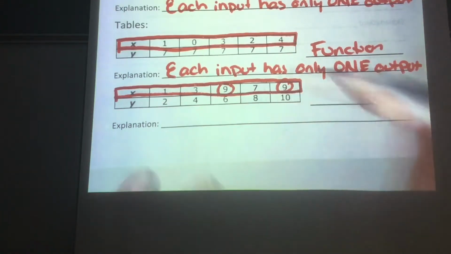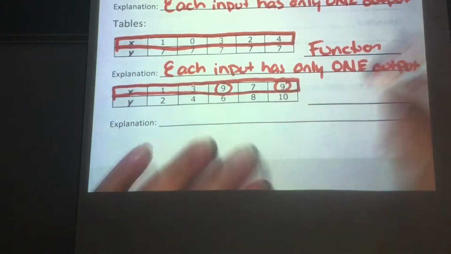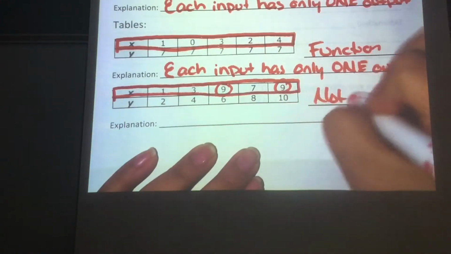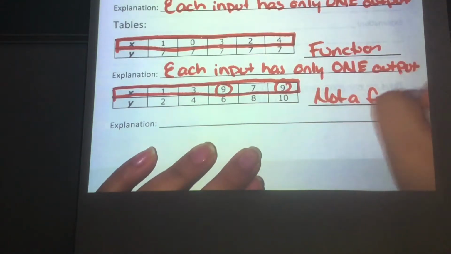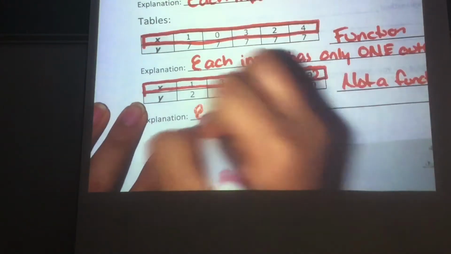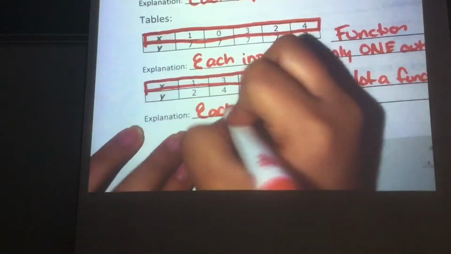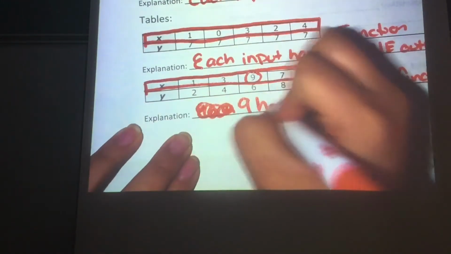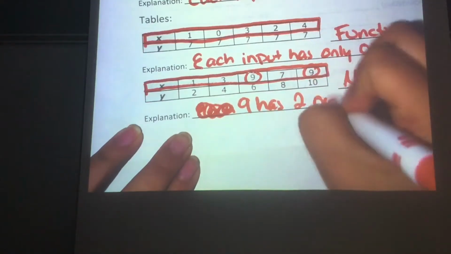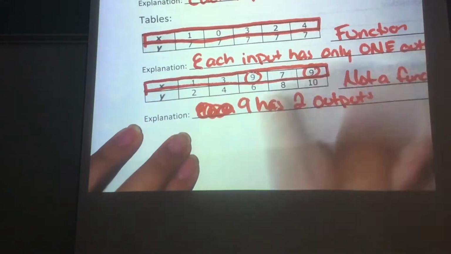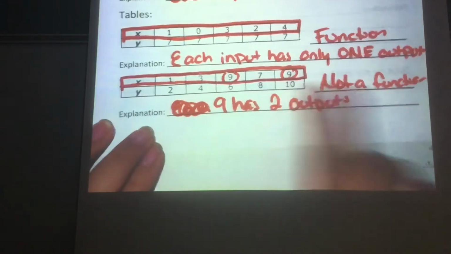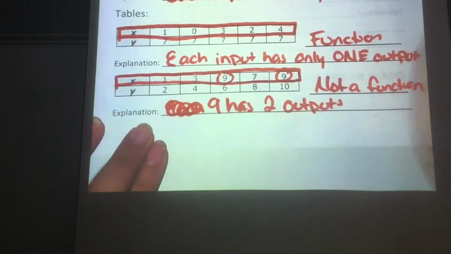So I can't have the same input give me two different outputs. So this one is not a function because 9 has two outputs. So 9 has the output of 6 and 9 has the output of 10, so that means that it's not a function.